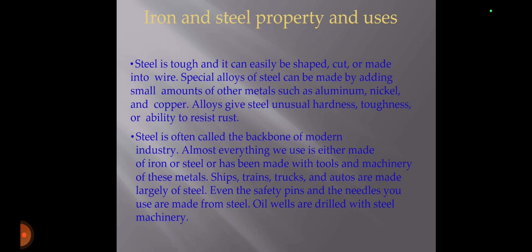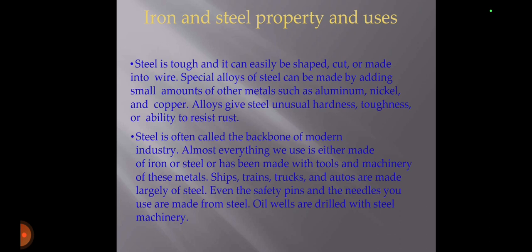Alloys give steel unusual hardness, toughness or ability to resist rust. Steel is often called the backbone of modern industry, and almost everything we use is either made of iron or steel or has been made with tools and machinery of these metals.